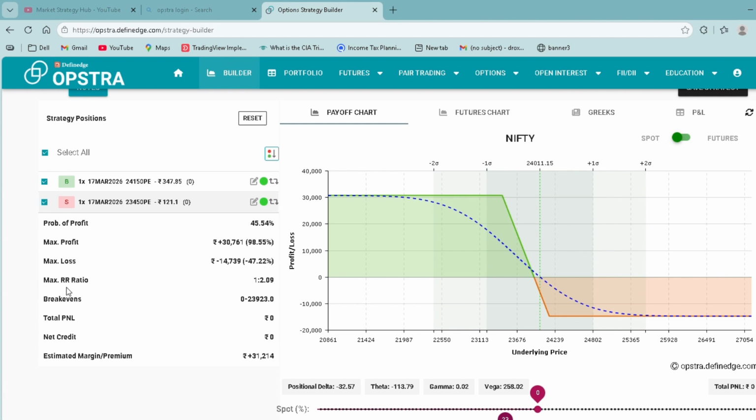Max RR ratio is 1:2.09. Break even comes to 23,923. Estimated margin or premium is 31,214, which is much lesser than naked option selling.